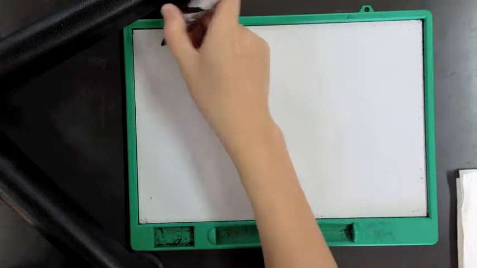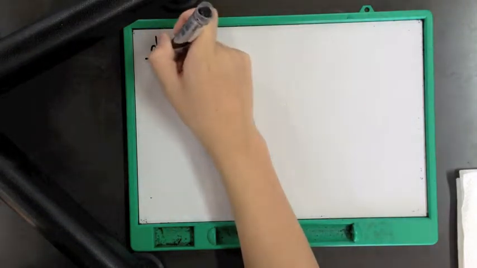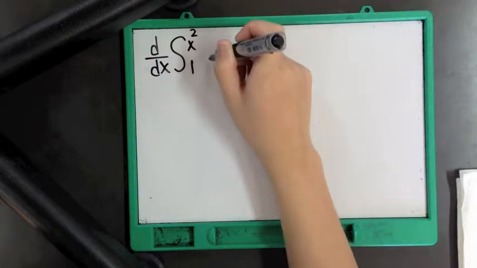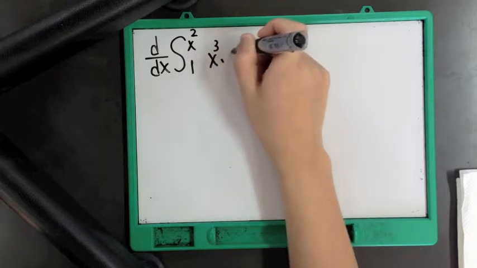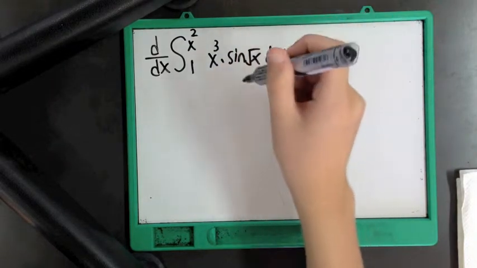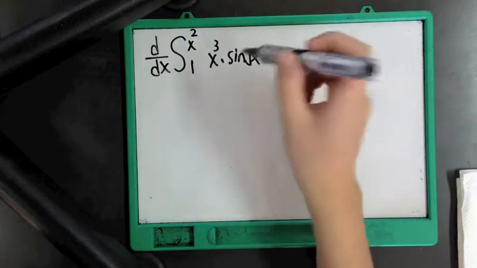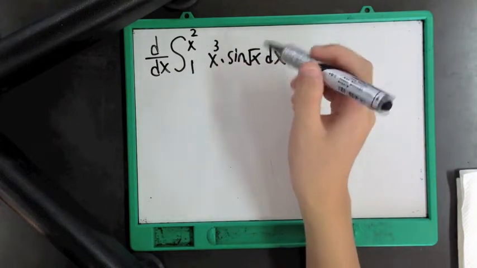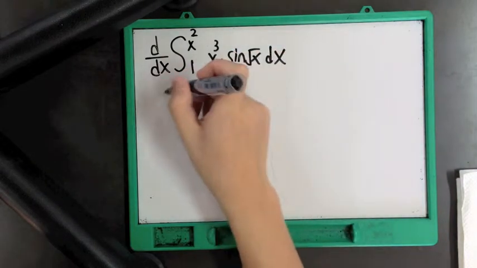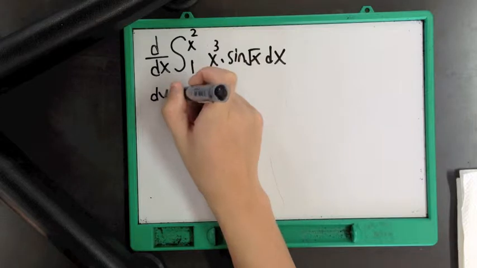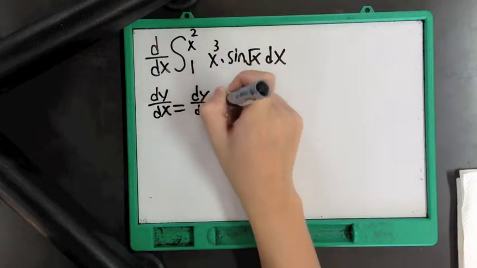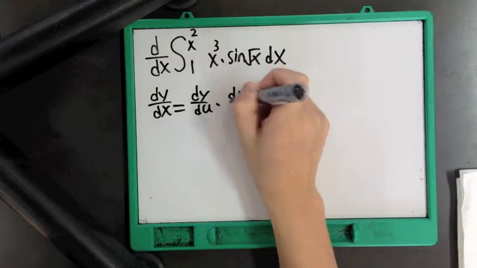So the final example we're going to do is to differentiate the integral from 1 to x squared of x cubed times sine root x dx. How we're going to do this question is by using chain rule and the fundamental theorem of calculus. The chain rule is dy over dx equals dy over du times du over dx.